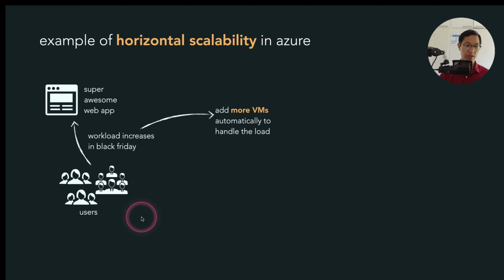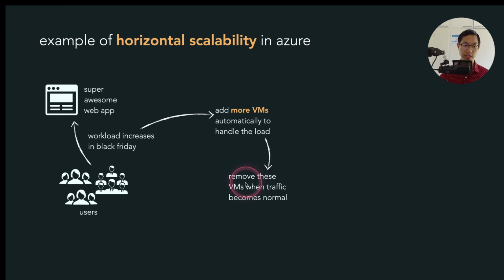So we add more VMs, virtual machines, automatically to handle the load. And the users don't realize anything. They just see the web page as usual. The super awesome web page is working. And then Black Friday is over and people go back to their usual shopping habits.